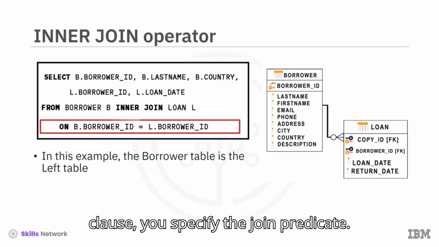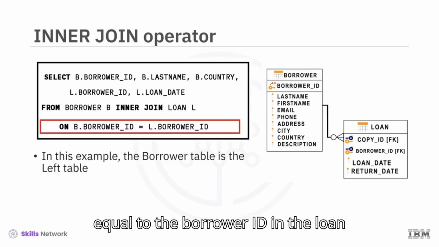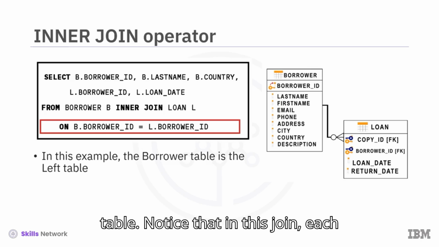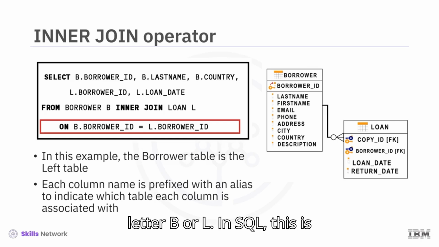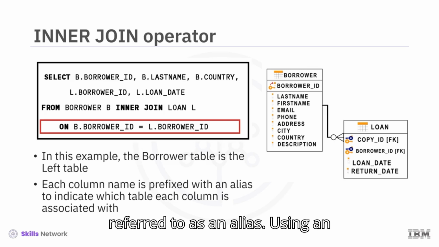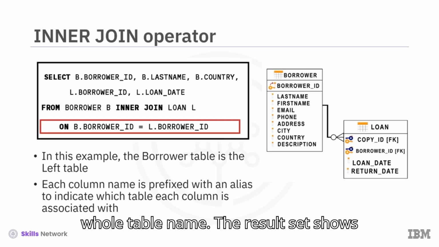In the on clause, you specify the join predicate. In this case, the condition that the borrower ID in the borrower table is equal to the borrower ID in the loan table. Notice that in this join, each column name is prefixed with either the letter B or L. In SQL, this is referred to as an alias. Using an alias is much easier than rewriting the whole table name.